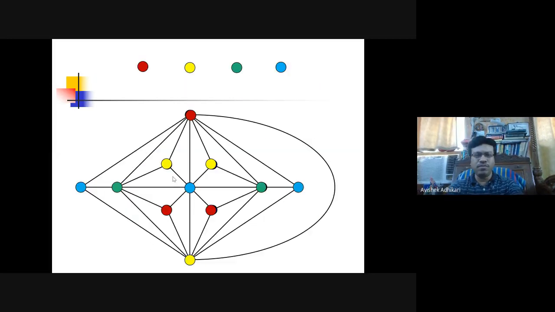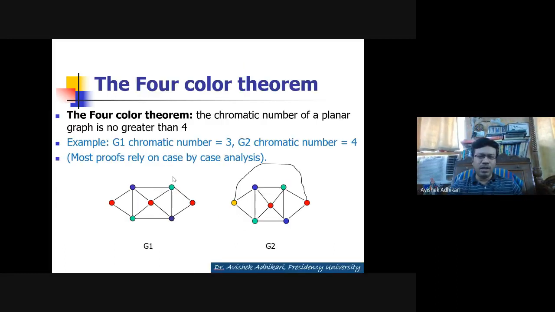This one was a planar graph, so you can color it with 4 colors or even fewer, but the number of colors required for this or any planar graph cannot be more than 4. That's known as the celebrated four color theorem, and you can Google it to learn many things about this particular theorem.